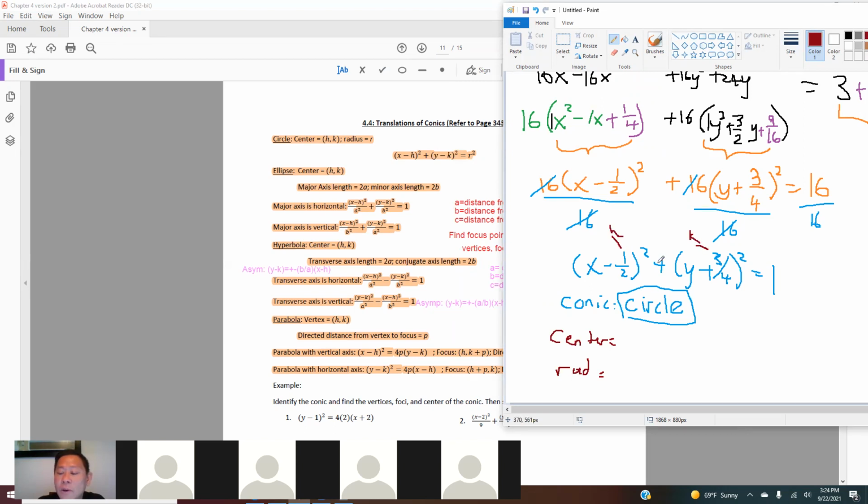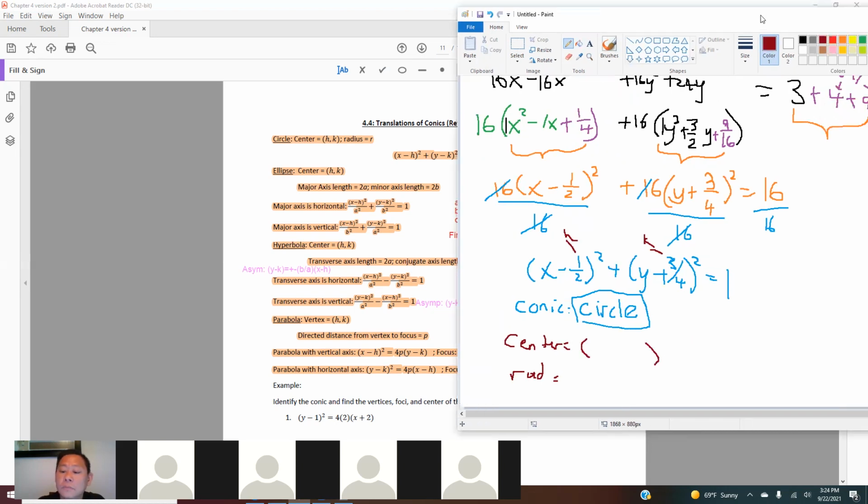So can someone tell me what is the center of this circle? H is negative or positive 1/2? Positive 1/2. And K in this case? Negative 3/4. Yep.